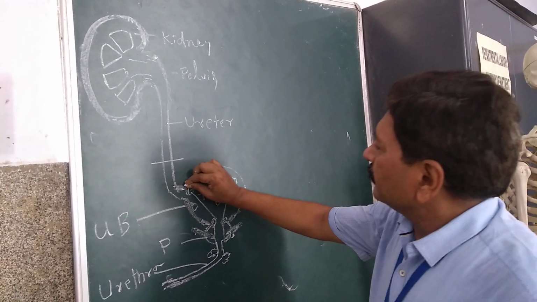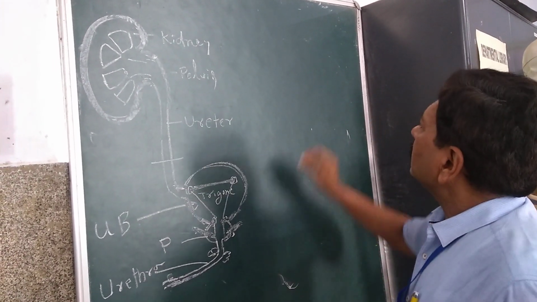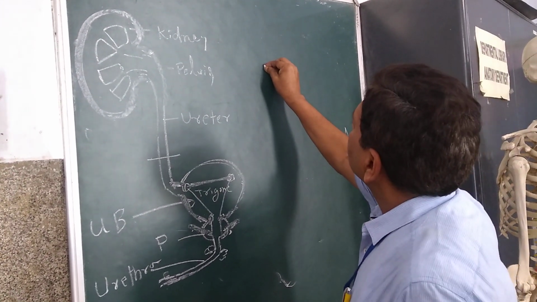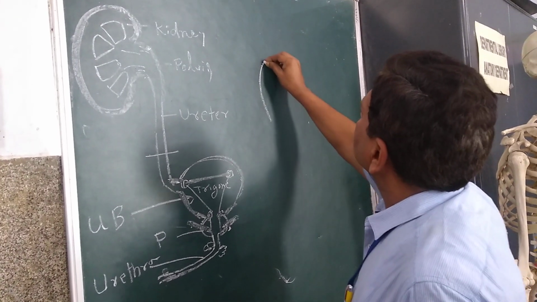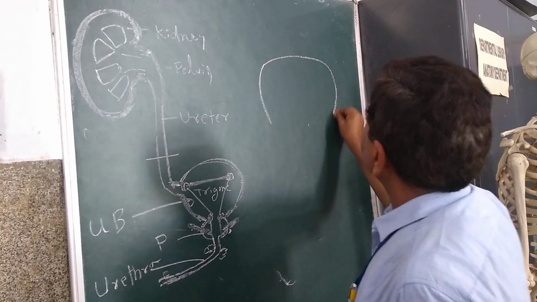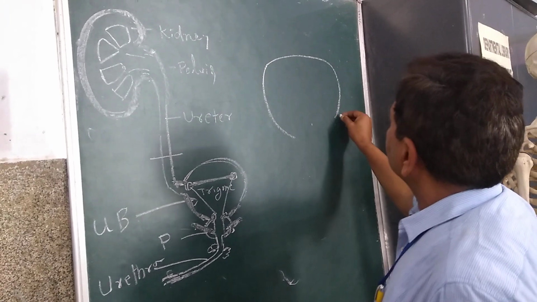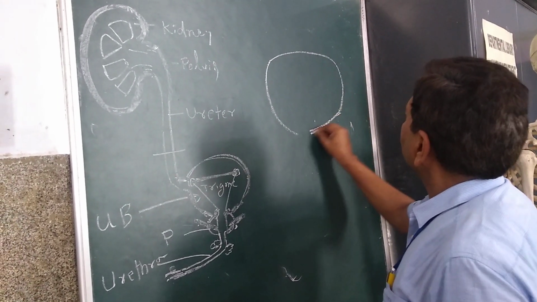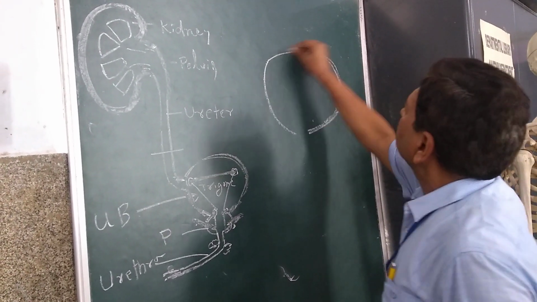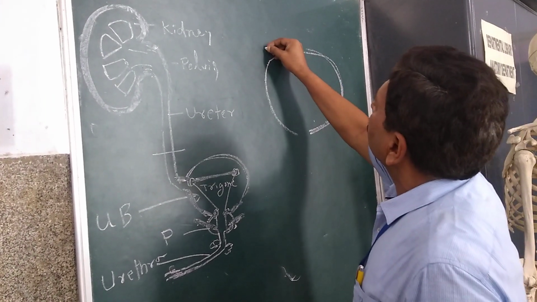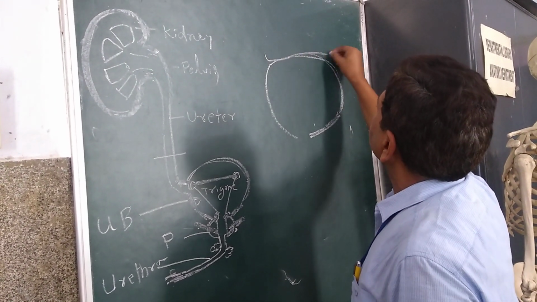Urinary bladder. The urinary bladder has an outer fibrous layer, which is tough, made up of elastic fibers and collagen fiber, and the upper part of the urinary bladder also has a serosa.